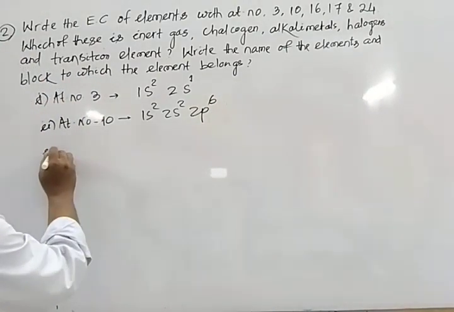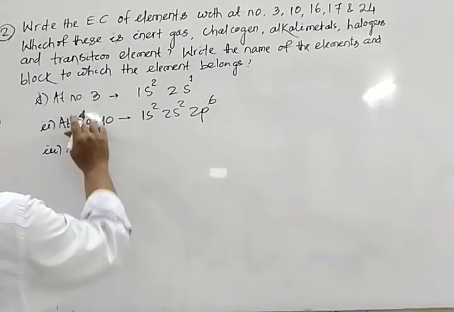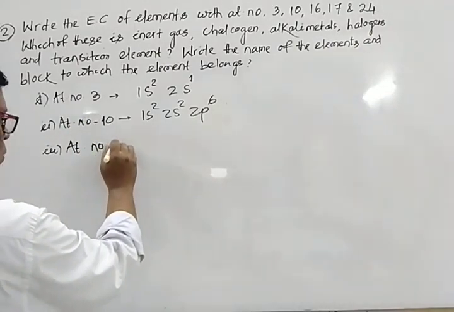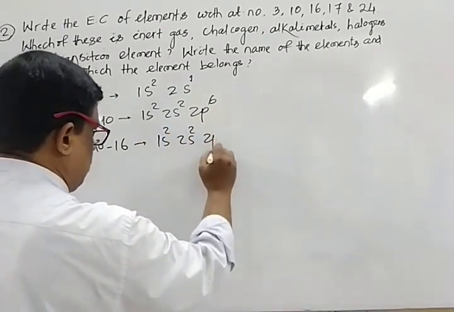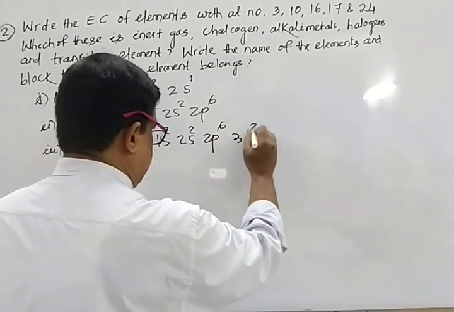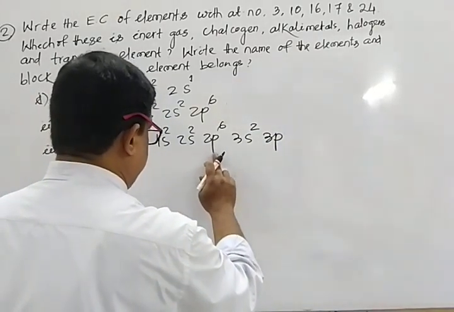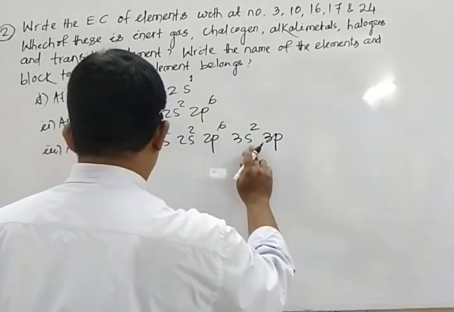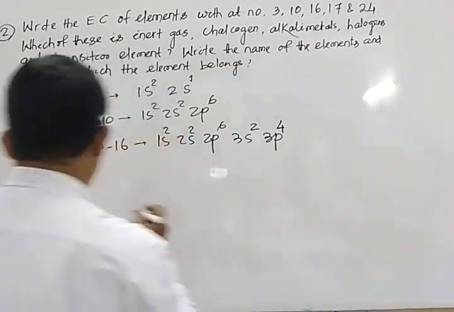Next is atomic number 16: 1s2, 2s2, 2p6, 3s2, 3p4.